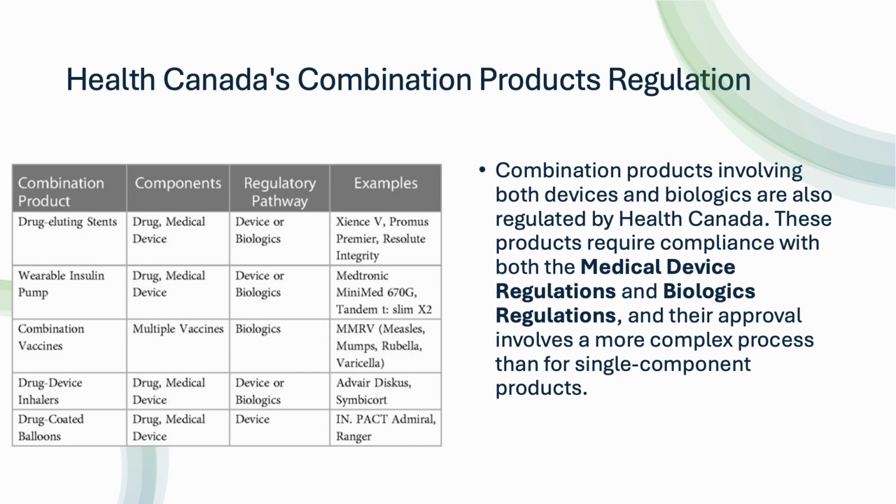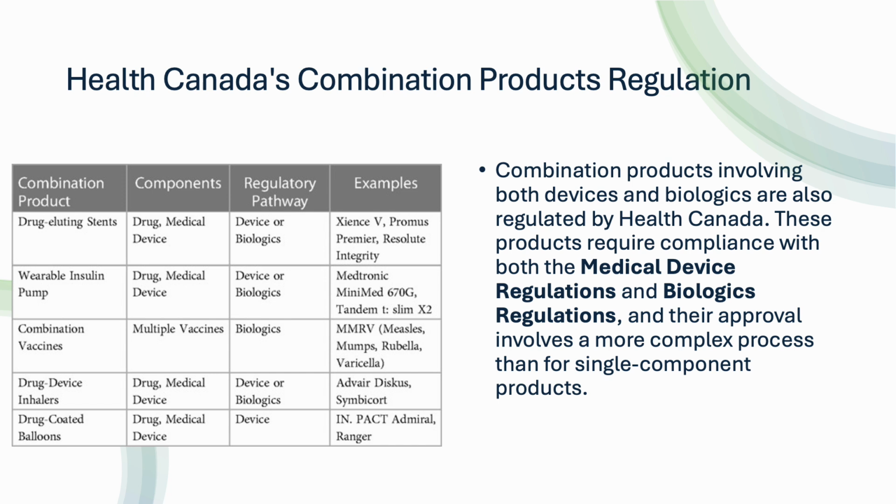Now let's talk about combination products. Combination products in Canada, just like in the US, are subject to both medical device and biologics regulations. These regulations ensure that both components of the product are assessed for safety and efficacy.